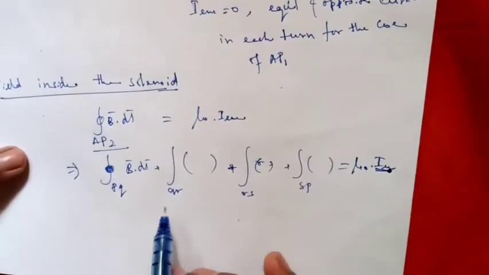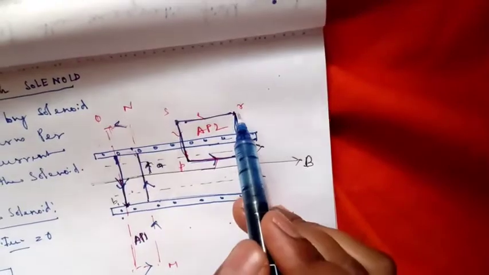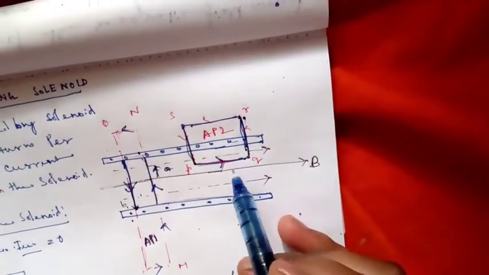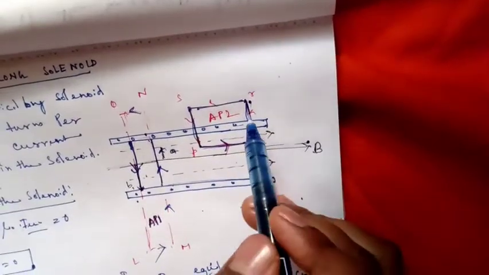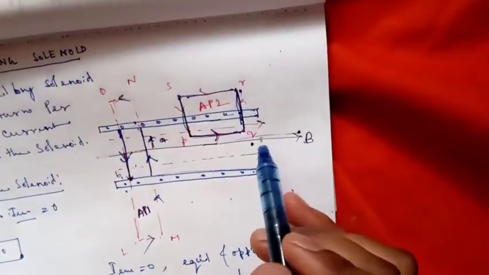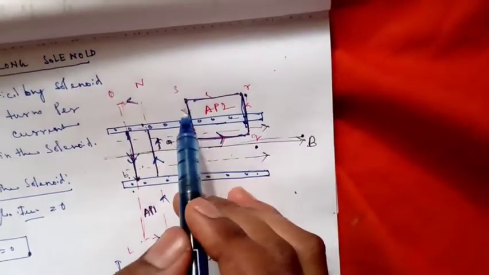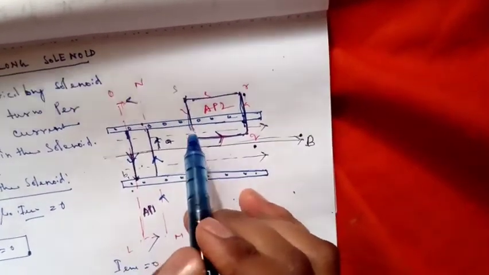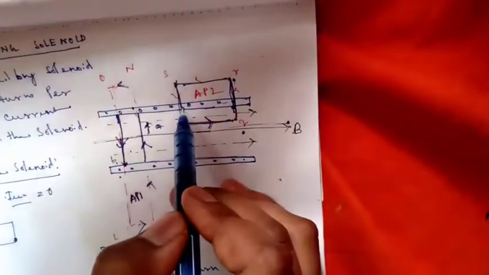When you consider QR, see the figure. In this turn the current goes in the upward direction, but the magnetic field is in the axial direction. So the angle between dl and B is 90 degrees. So B dot dl means B dl cos 90, which gives you 0. And also for the case SP, we get B dot dl is B dl cos 90 equals 0.